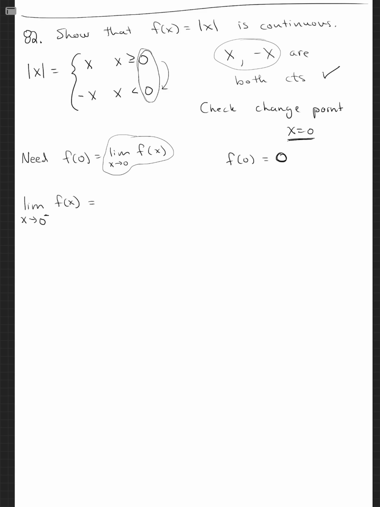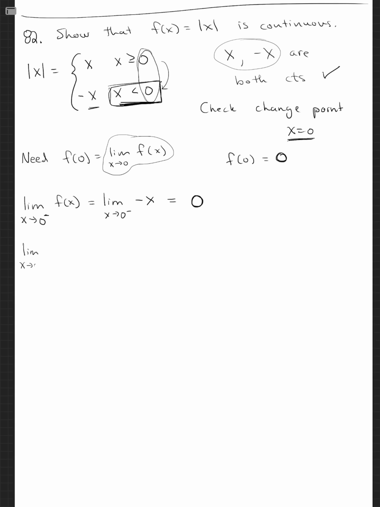If we're approaching 0 from the left, we're always going to be negative, and then f of x looks like negative x. We're in this piece. And that's continuous, so we can just do substitution and get 0. So that's a good start.